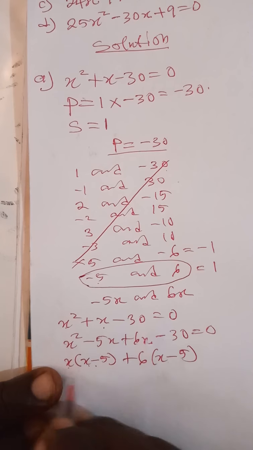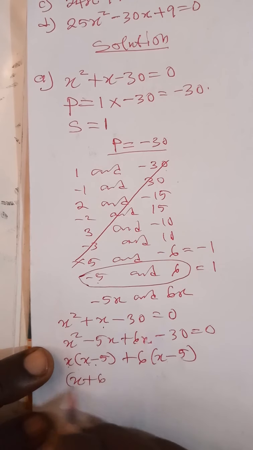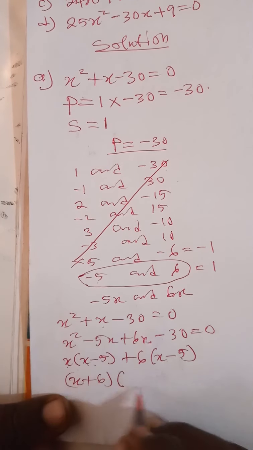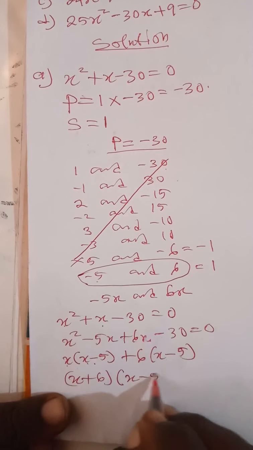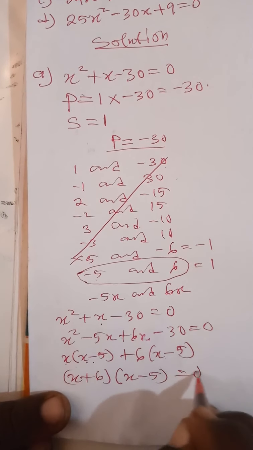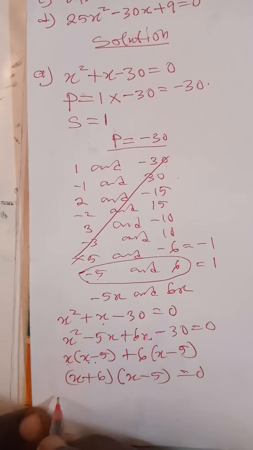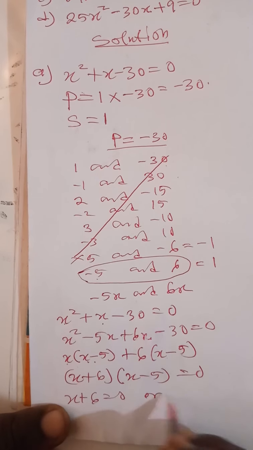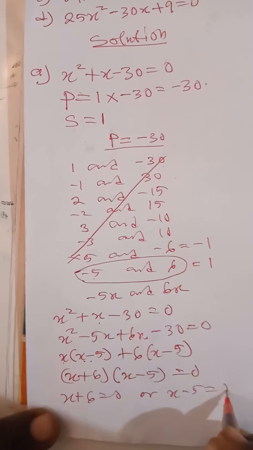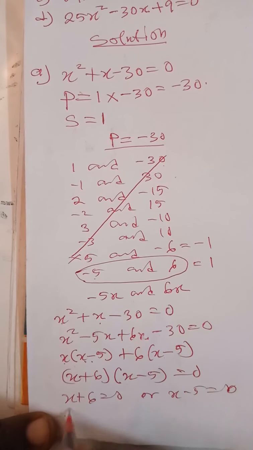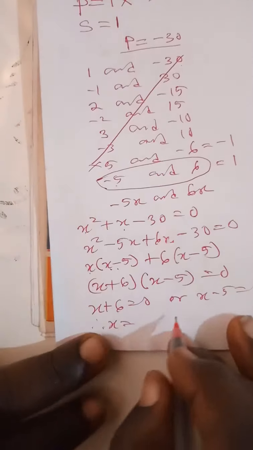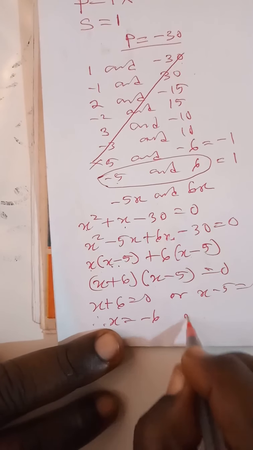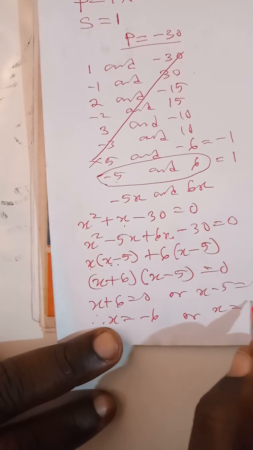So x plus 6 should be taken. I'm now factorizing. Okay, this is now x plus 6 times x minus 5, one of them equal to 0. So now either x plus 6 is equal to 0, or x minus 5 is equal to 0. Okay, therefore x is equal to minus 6, or x is equal to 5.